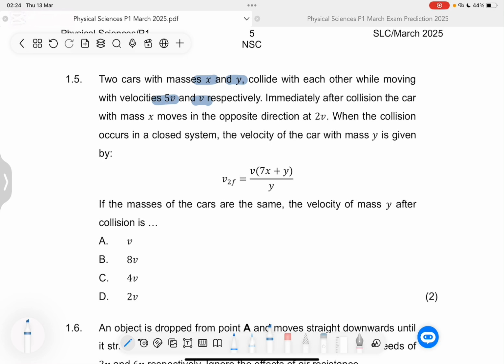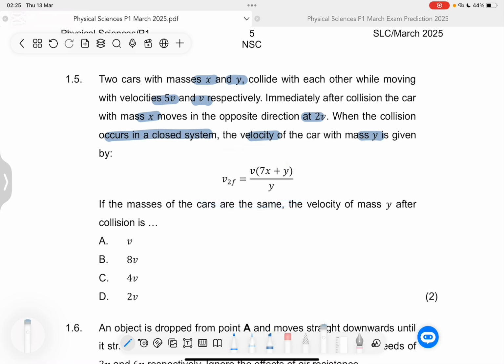Immediately after collision, the car with mass x moves in the opposite direction at 2v. When the collision occurs in a closed system, the velocity of the car with mass y is given by this equation.